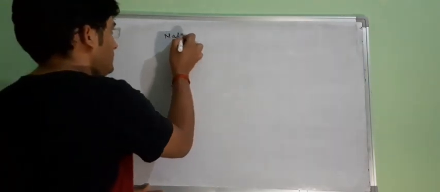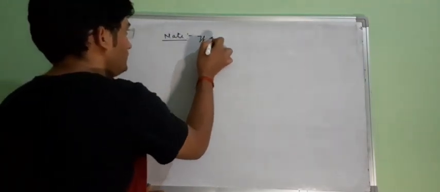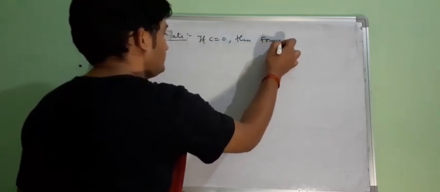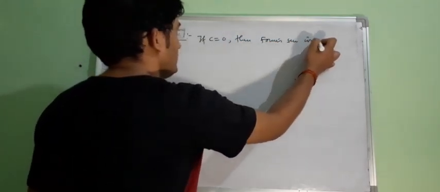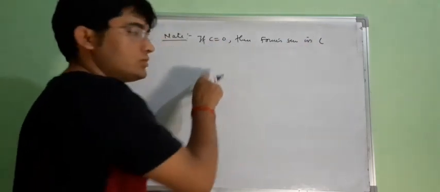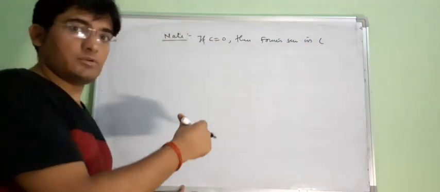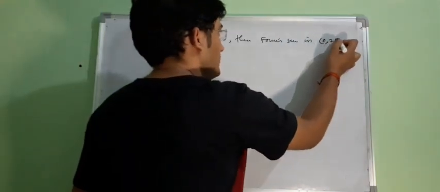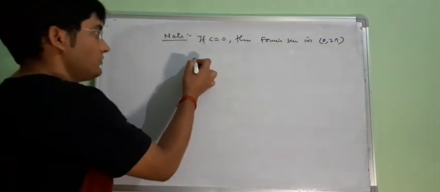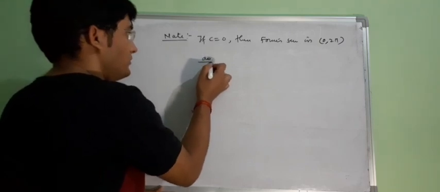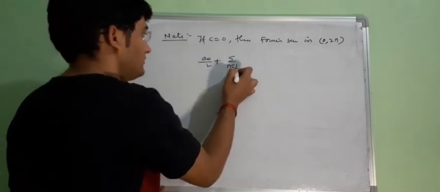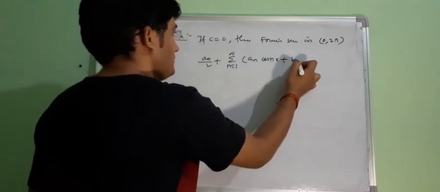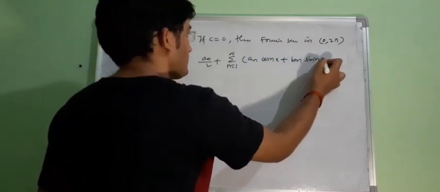Note, if c equal to 0, then the Fourier series in the interval from c to c plus 2 pi will be from 0 to 2 pi, and our Fourier series will be a0 by 2 plus summation of an cos nx plus bn sin nx.